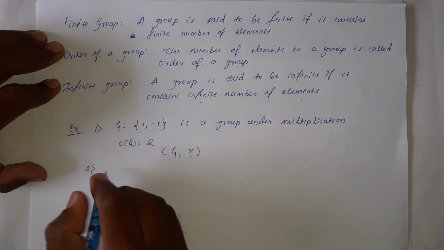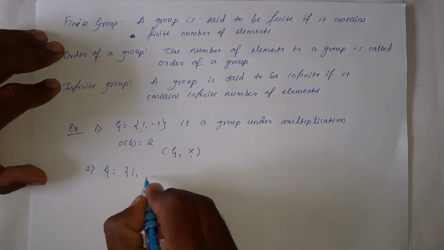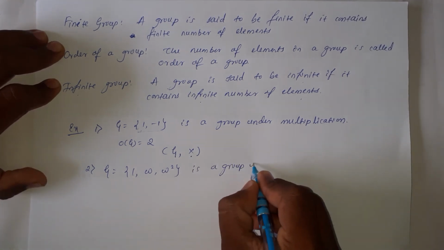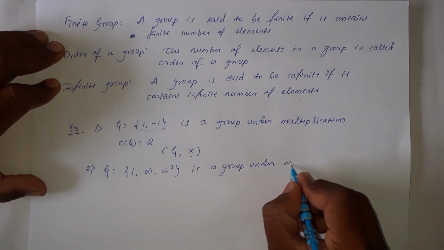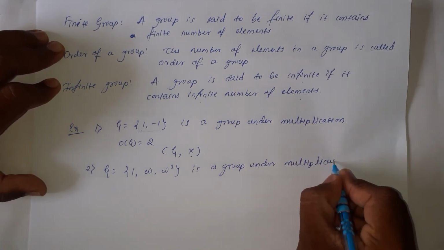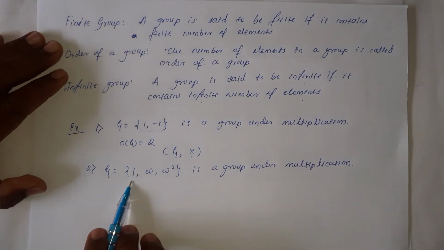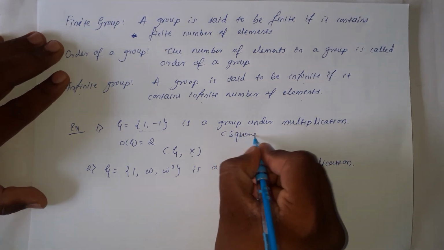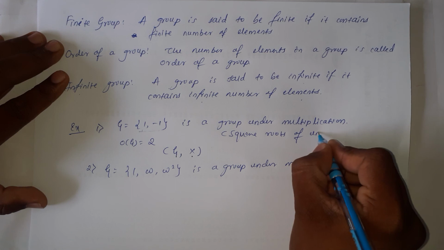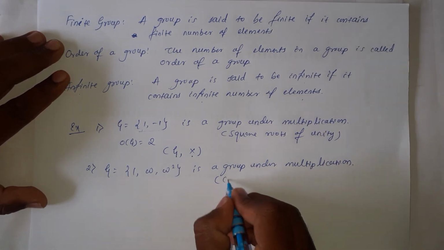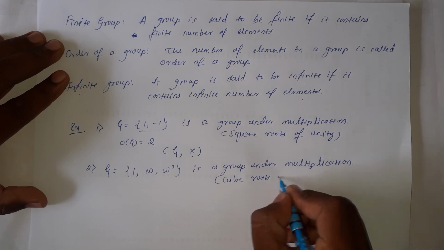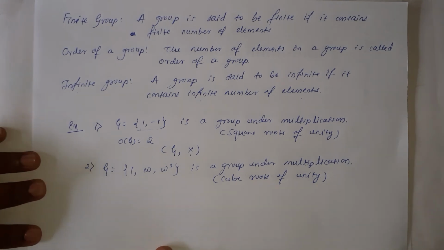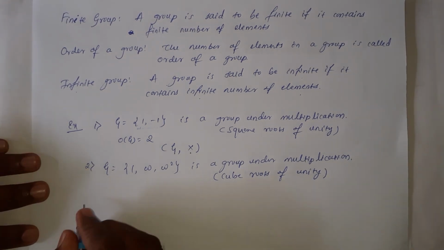Then second example, G is equal to {1, omega, omega square} is a group under multiplication. So, here this is the cube roots of unity. 1 and minus 1 are square roots of unity, and here 1, omega and omega square are the cube roots of unity. So, therefore, this set will also satisfy all the 4 laws.